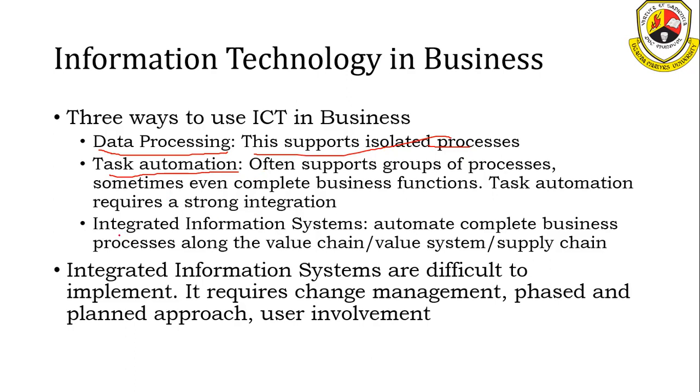Other times we find when these processes are feeding from one into another, you have what we call integrated information systems, because you find the processes are feeding from one business unit into another business unit. So you have basically an entire value chain.